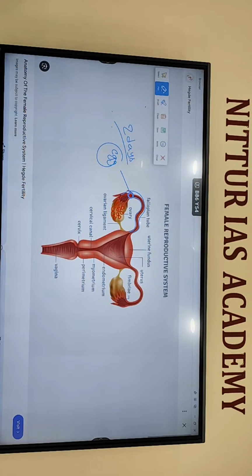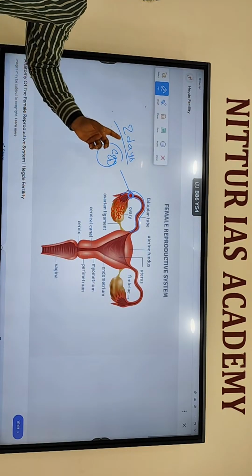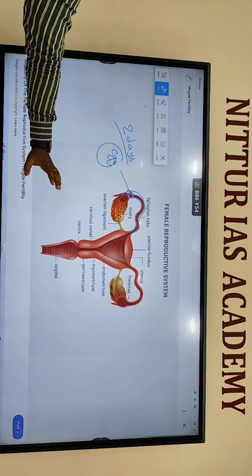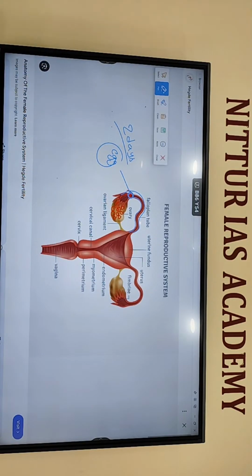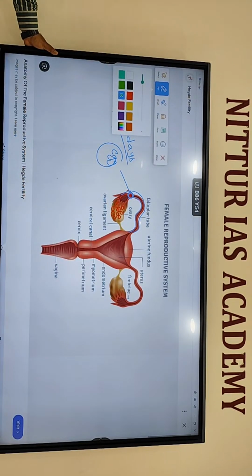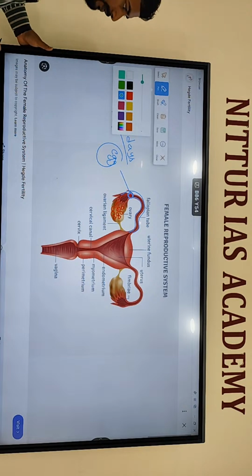If sexual intercourse happens in those 2 days, then only she will conceive. Otherwise, she will not. If the intercourse happens many days before, the sperm will wait for 6 to 8 days. Sperm cells will wait, but the egg has a lifespan of only 2 days, 48 hours.